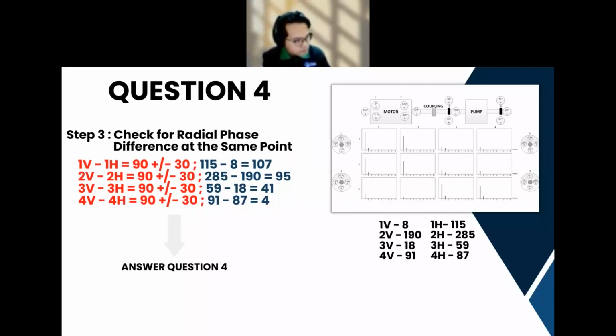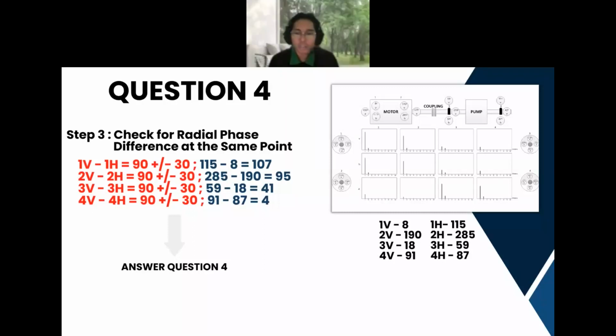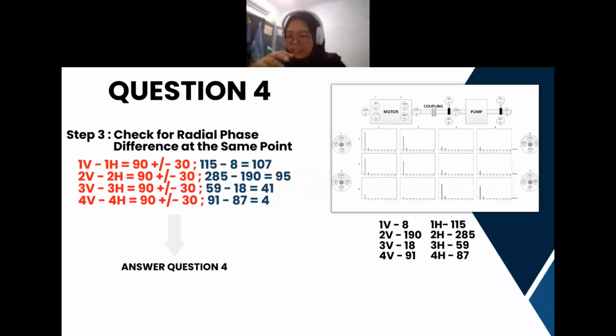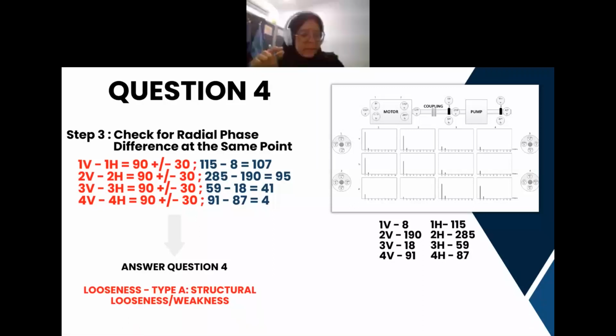Maybe someone can explain further about the criteria for structural looseness. As I mentioned before, there is a phase difference for the motor and the pump. If we check the criteria for imbalance, for 1V, 1H, 2V, 2H, 3V, 3H, and 4V, 4H, the phase differences should be in the range of 90 plus or minus 50. But as you can see from our calculation, the answers for each point are not within the range, so we cannot assume it is imbalance.